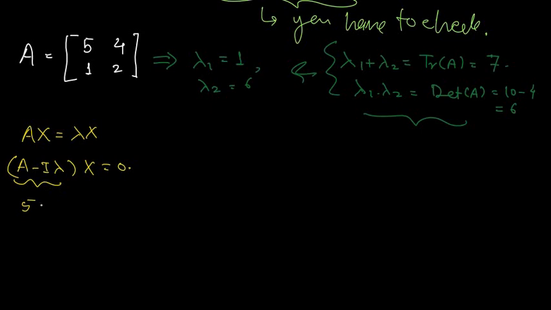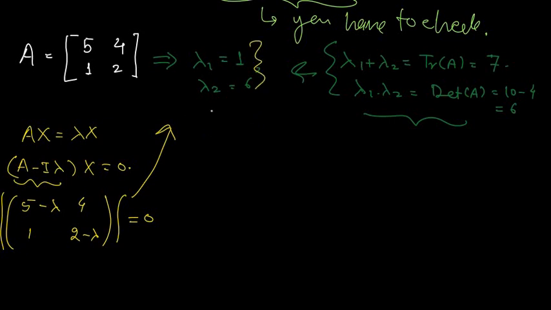Or you can find it this way: the matrix with 5 minus lambda, 4, 1, 2 minus lambda, and its determinant is equal to 0. Then also you will get the same result. You can see that lambda 1 and lambda 2 are non-degenerate, so you can directly claim that the diagonal form of A will have its eigenvalues 1 0 0 6.